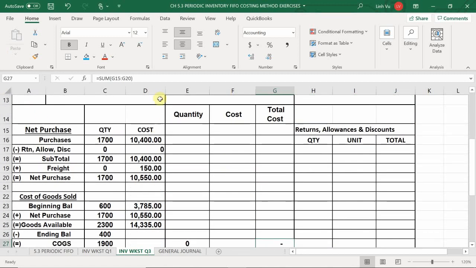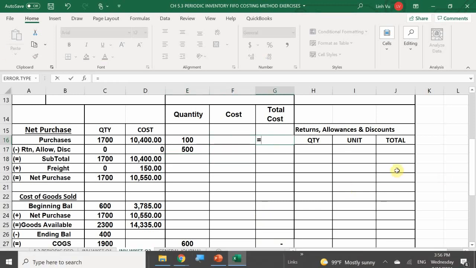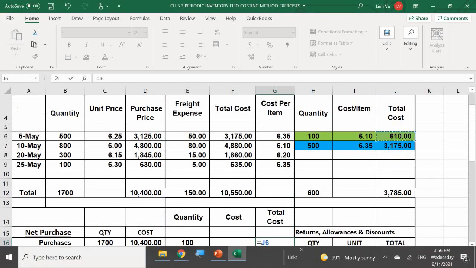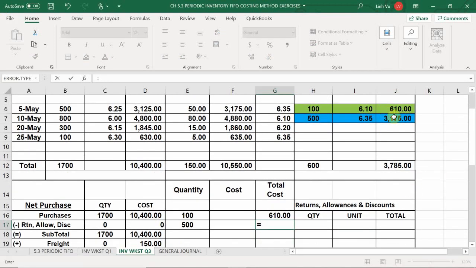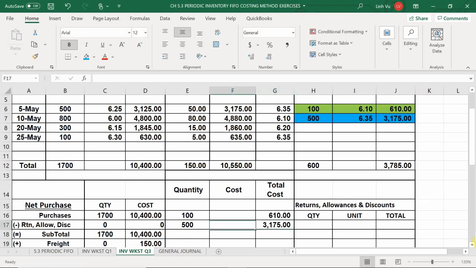Now we are at a running total of 1,100 units. How many more items do we need to sell? 800. Our next batch is exactly 800 units.